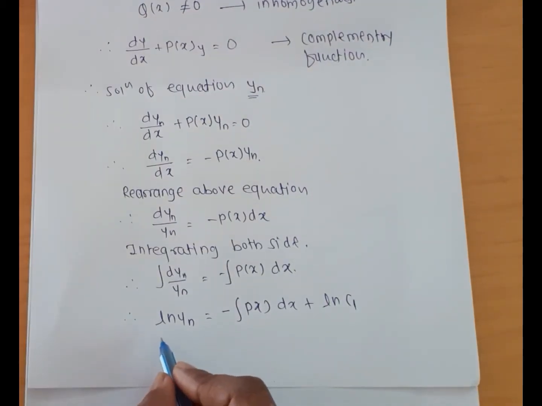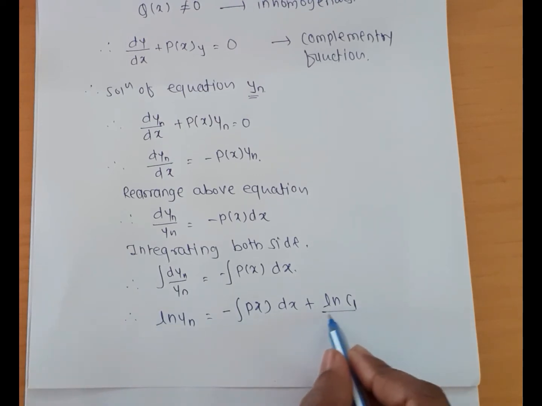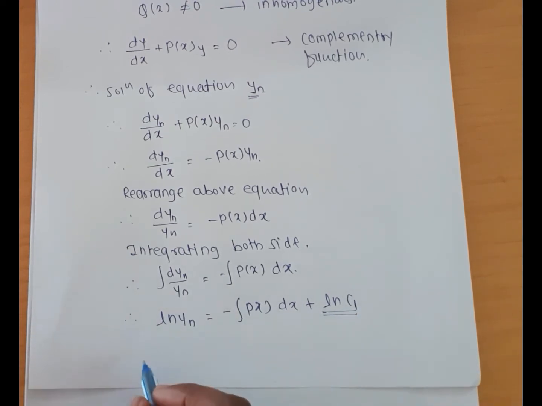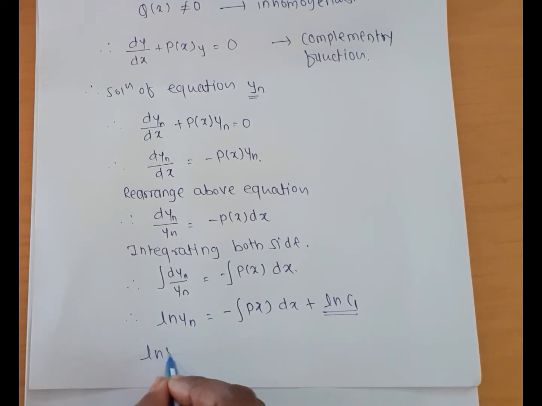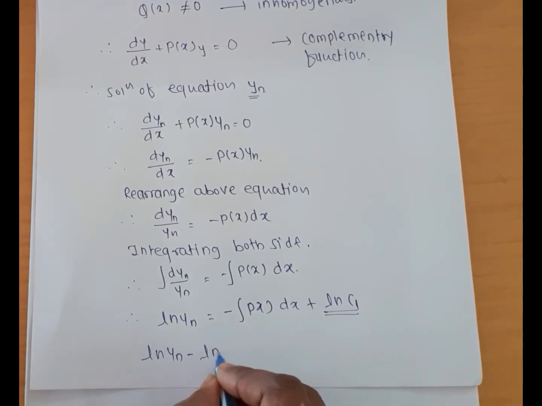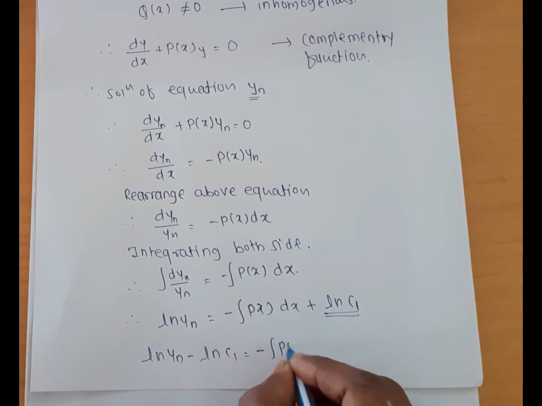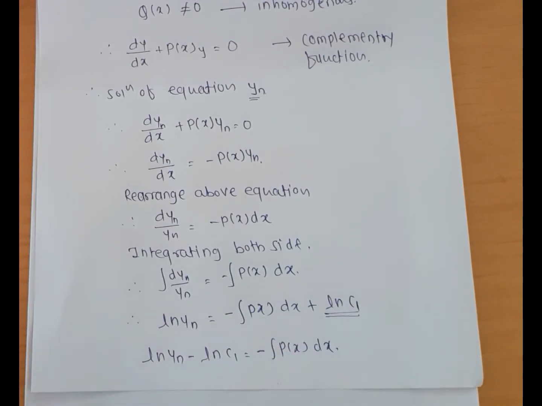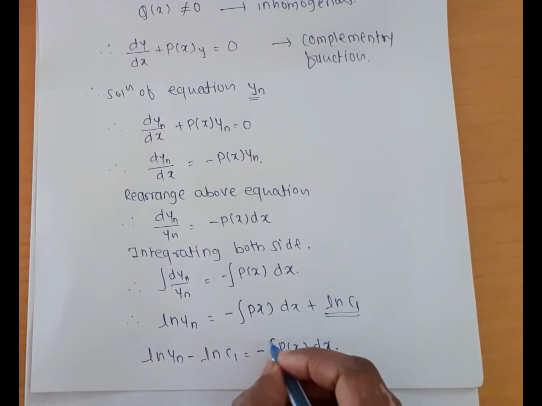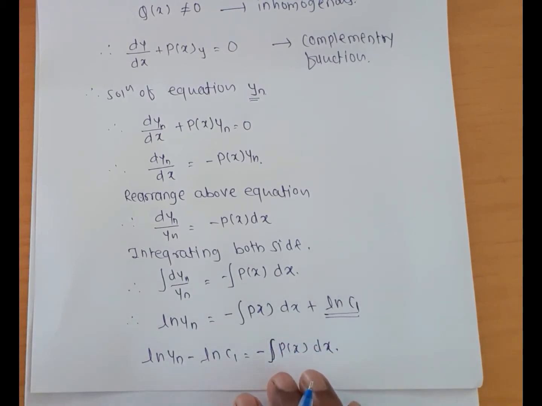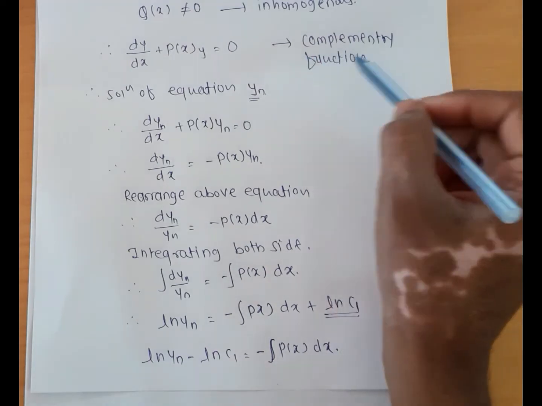So now this ln of c1 is added here, it goes to the opposite side and will be subtracted. So we get ln of yn minus ln of c1 is equal to minus p of x dx. Here we are not taking the integration of p of x dx because this is the integrating factor, and we find the solution related to the complementary function.